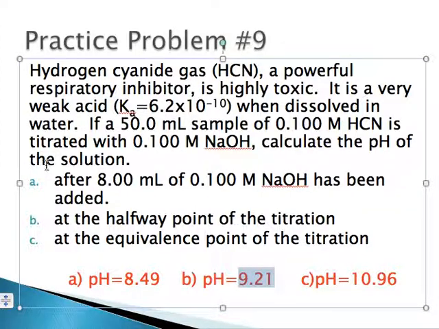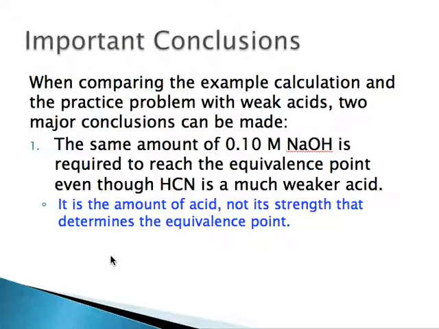So to wrap this up, we're going to do one more practice problem, but I want to just summarize a couple of things that we see in some of these titration problems. It's not about the strength of the acid. It's about how much of it you have.